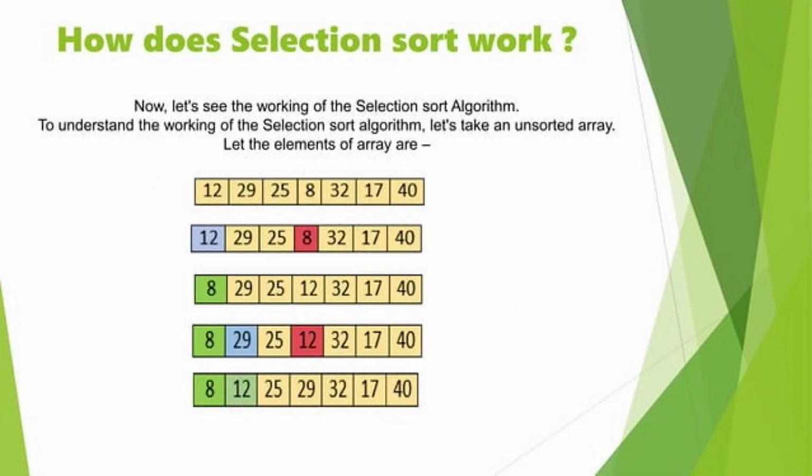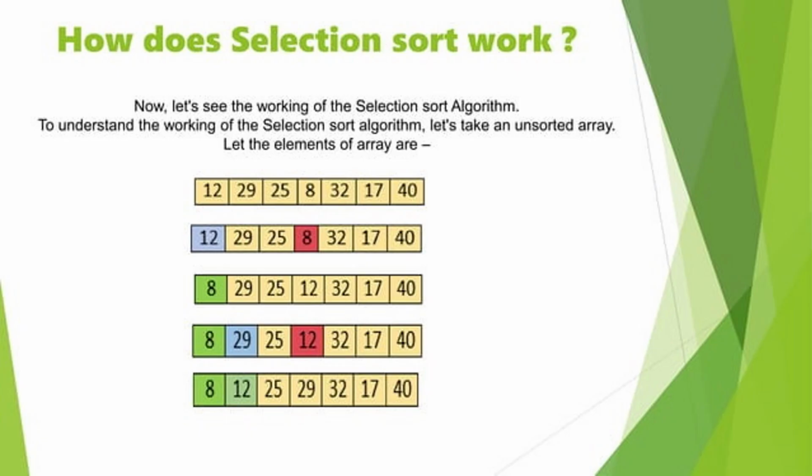So now let us see how the selection sort works. First, consider the array 12, 29, 25, 8, 32, 17 and 40. First, find smallest element in the array. First iteration looks for the smallest element.